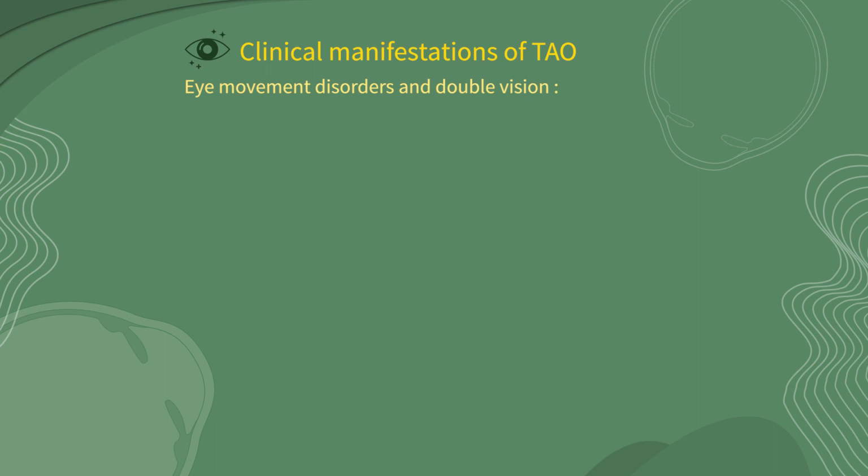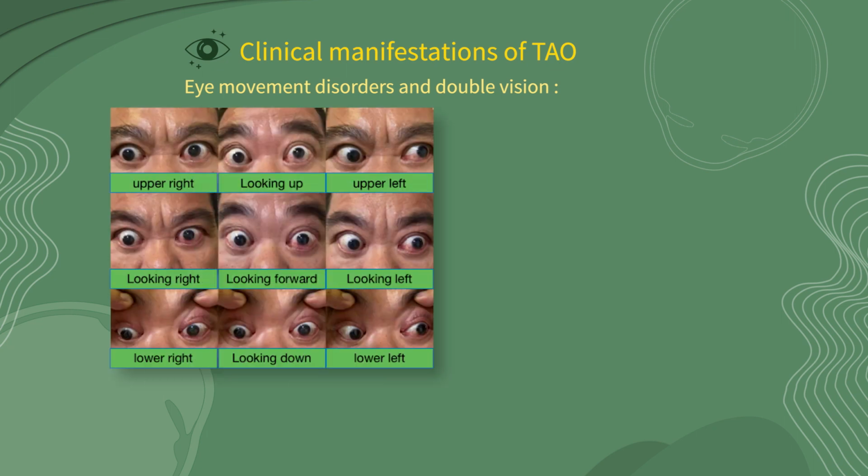Now we will move on to eye movement disorders and double vision. Each eye has 6 extraocular muscles. When you look at an object, you are using several muscles to move both eyes to focus on it. If you have a problem with the muscles, eye movement is restricted, resulting in strabismus and double vision.